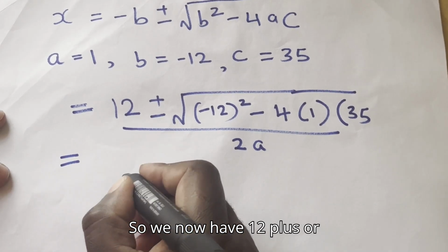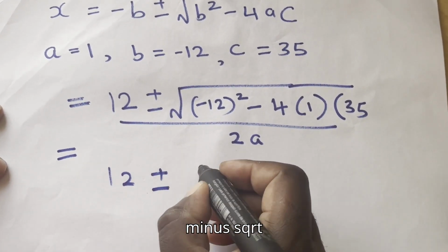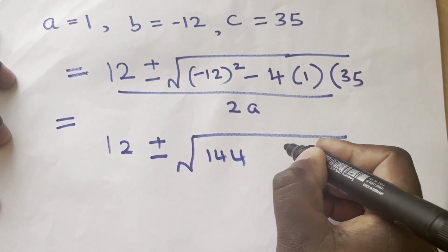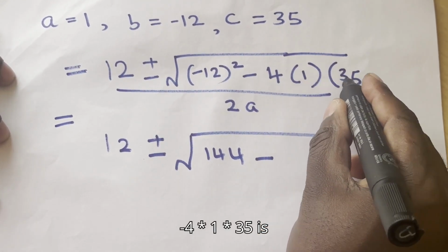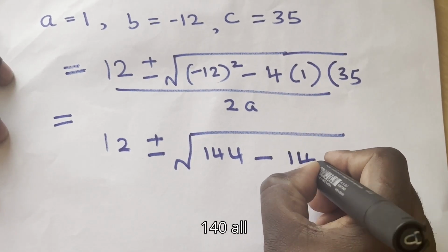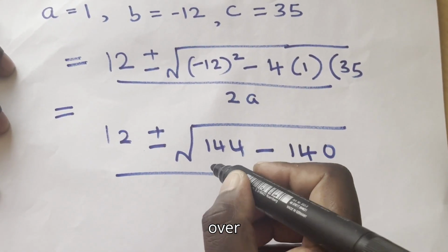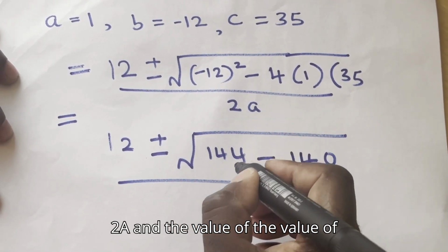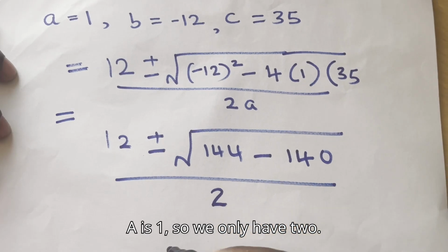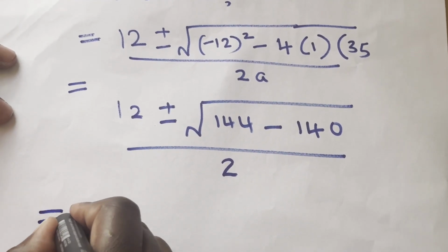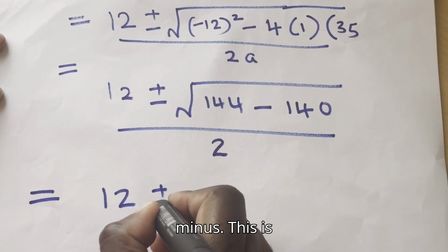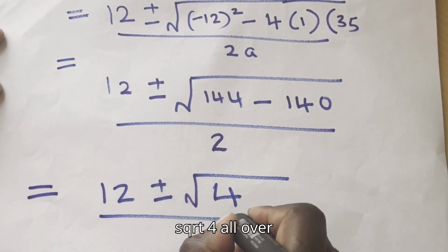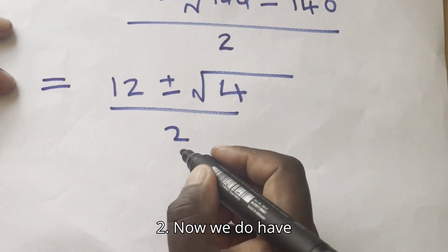So we now have 12 plus or minus the square root of minus 12 squared is 144, minus 4 times 1 times 35 is 140, all over 2a, and the value of a is 1, so we only have 2. Further, we're going to have 12 plus or minus, this is the square root of 4, all over 2.